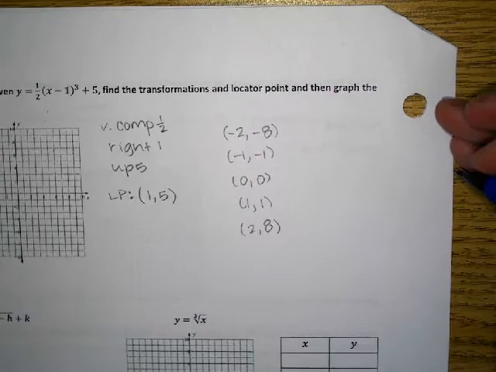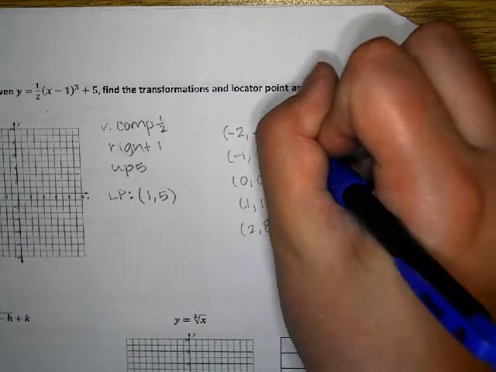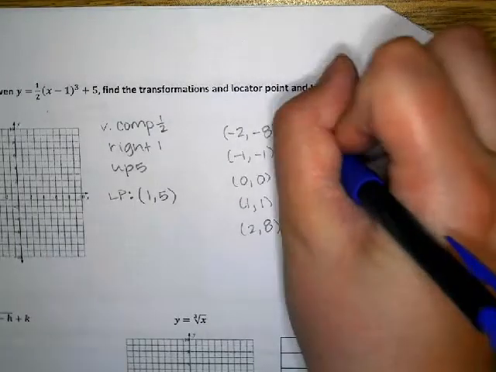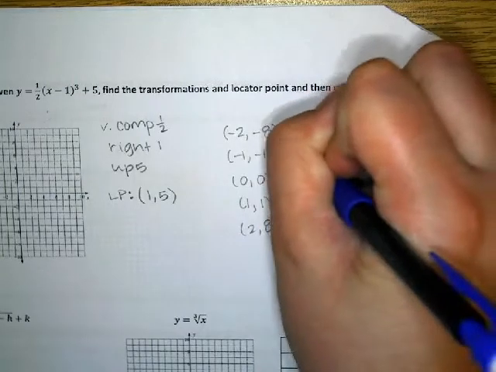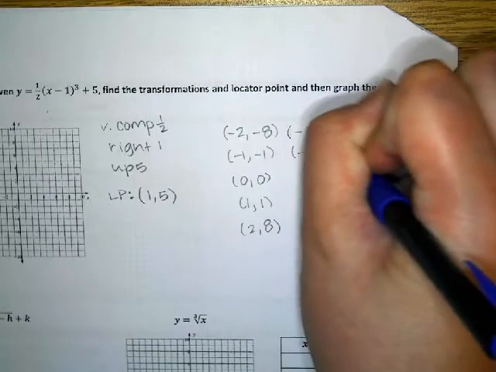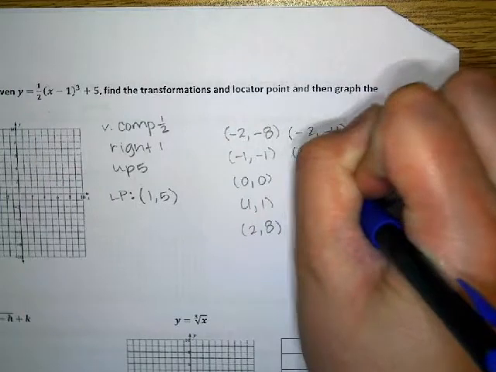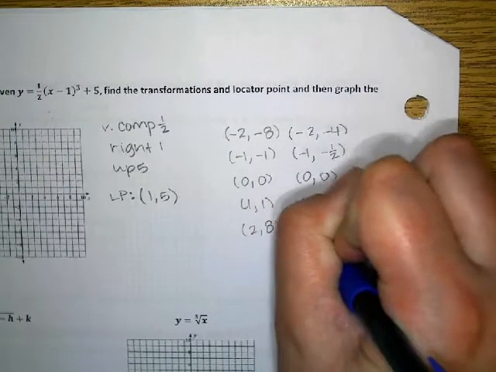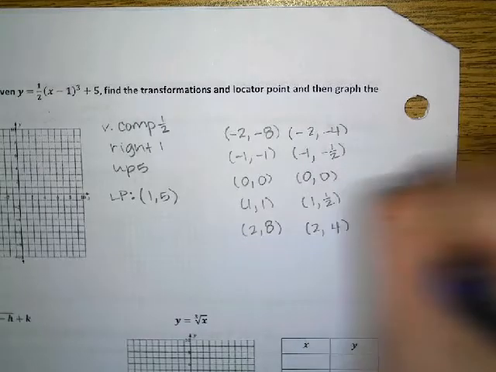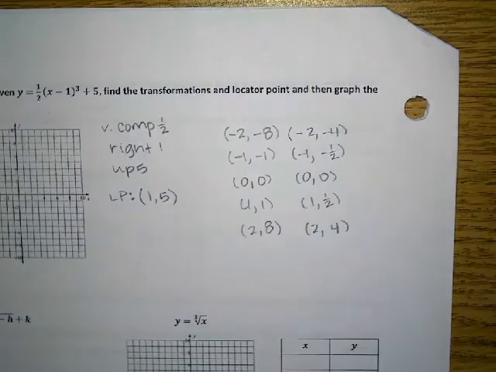Okay, so how do we do a vertical compression? Multiply by 1/2. So we're going to take the y coordinate and cut it in half. Okay, so I did that.